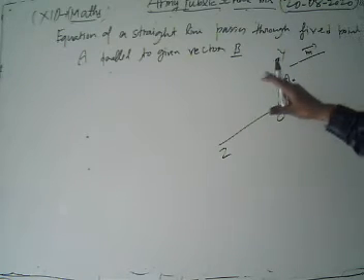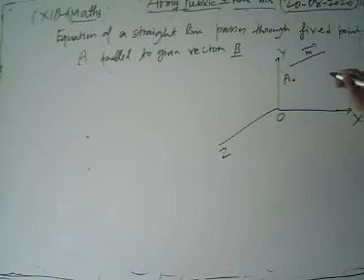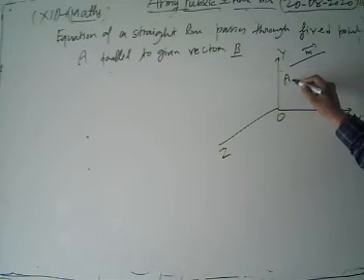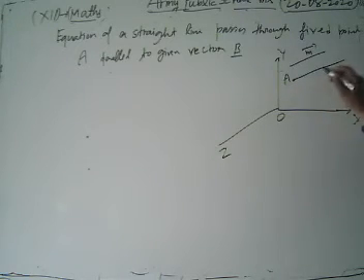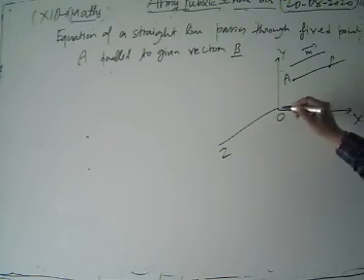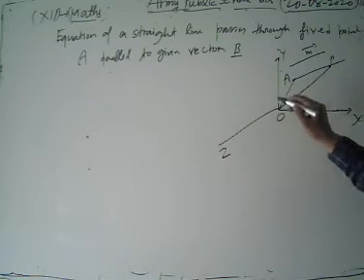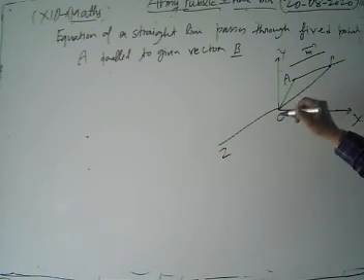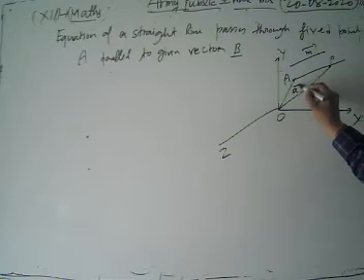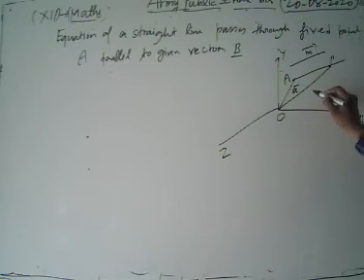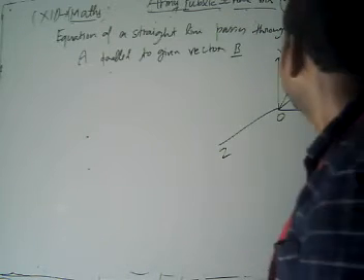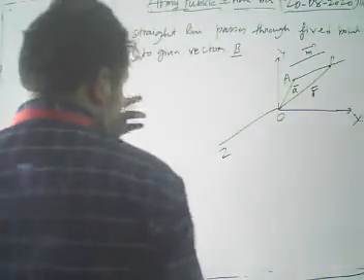To find the vector form of the equation of the straight line, suppose the line passes through A, and we take a point P on our line. The position vector of OA is vector a, and the position vector of OP is r.